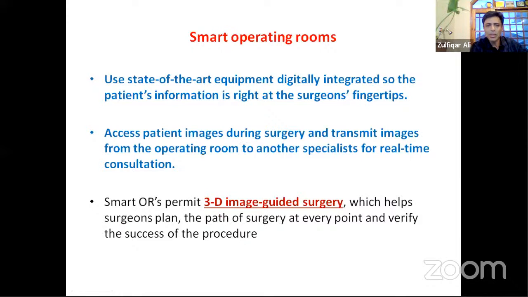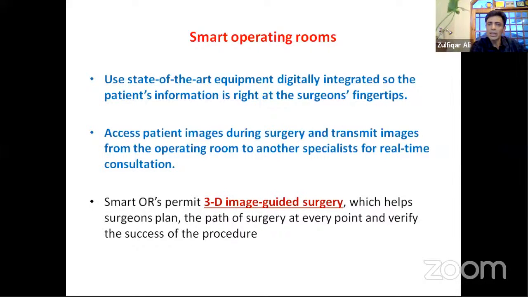This information may be in the form of basic investigations such as hemogram, or it may be advanced imaging in the form of CT scans and MRI imaging, that is incorporated in a central device placed in the operating room, and the surgeon uses it. This form of technology has revolutionized surgery.